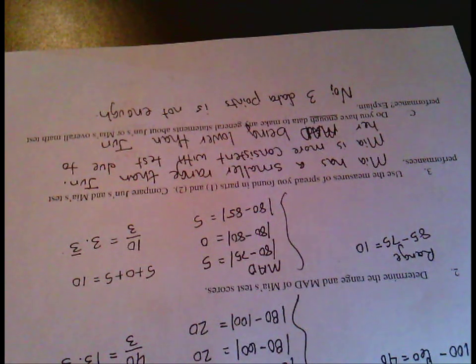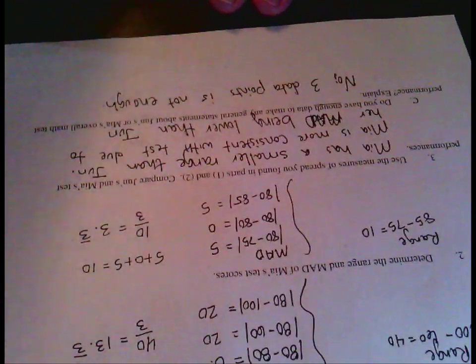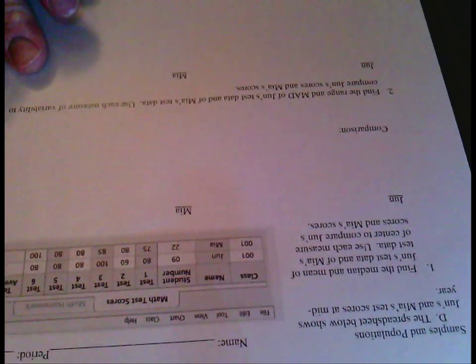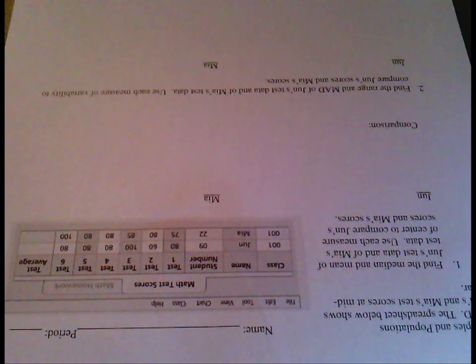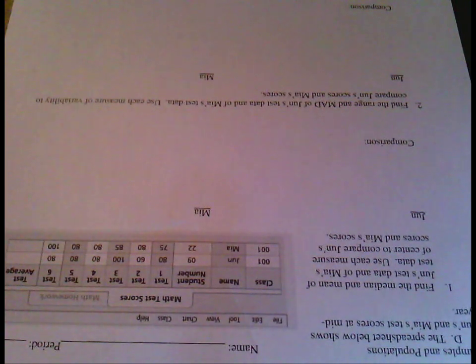So 3 data points isn't enough. Maybe we need more. So that's where part D comes in. So go ahead and work through D1. And once you're done with D1, check out the next video.